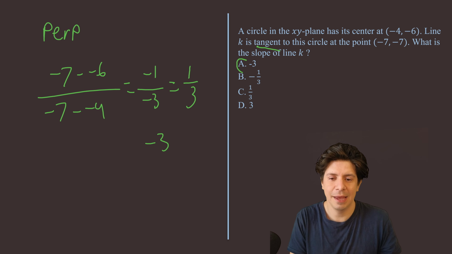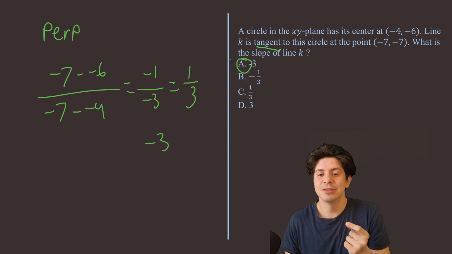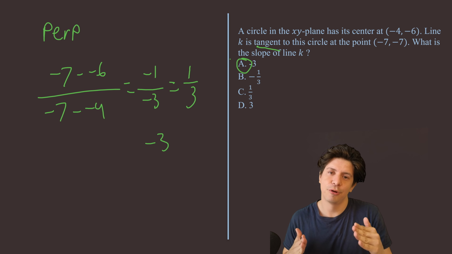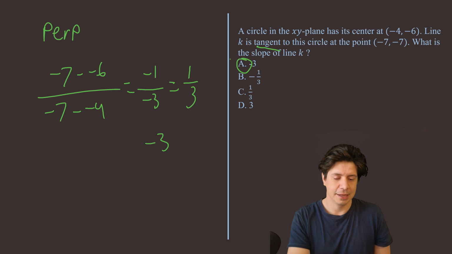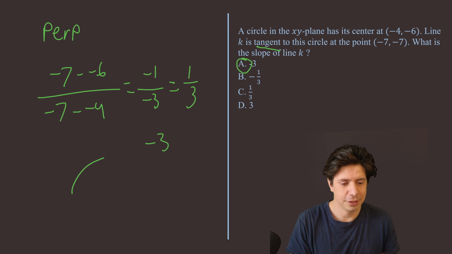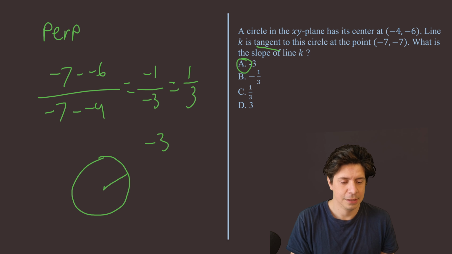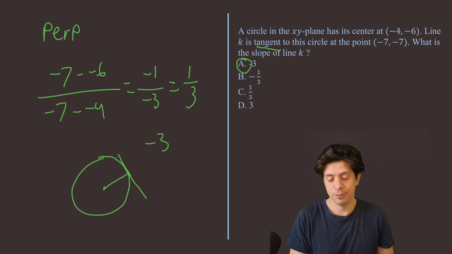It'll be A. So a little bit trickier. The key is knowing that tangent lines are perpendicular to the circle's radius extending out. If you had to draw it out, you draw it here, and then the line is tangent. It's perpendicular, and it's only touching at that one point.